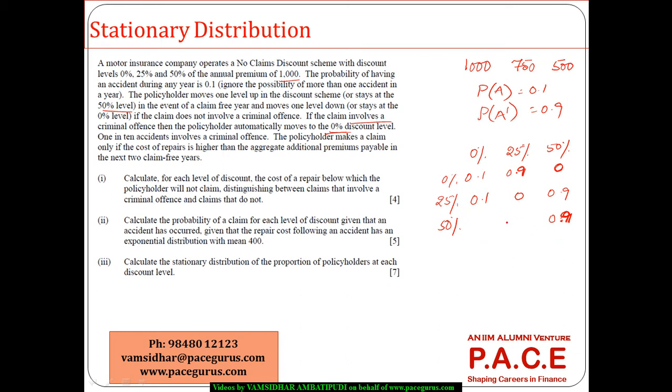If he makes a simple claim, he will come to 25%. But if he makes a criminal offense, then he will come to 0. 1 in 10 accidents, so which means 10% of 10%. So 1% is the scope of him coming here, whereas 9% is the scope that he will come here. So this is the typical transition matrix.